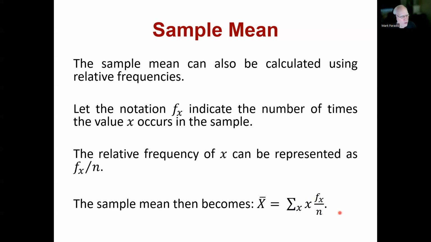In this way, we get the mean through the same process, a slightly different formula, but it gives the same end result. And we'll see in a second why this can be more useful.